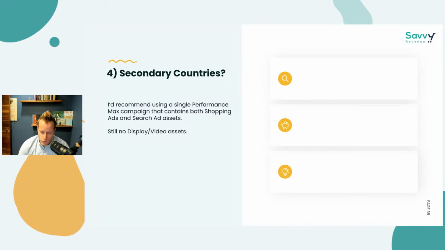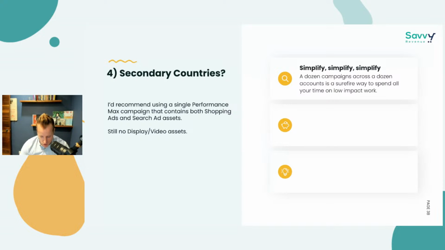If you have secondary countries, we spend a lot of time managing one to three main countries and then a whole list of secondary countries where we're just there, hoping that one day they'll start becoming better. In those cases, we will use Performance Max because it has both search and shopping, and it allows us to simplify.